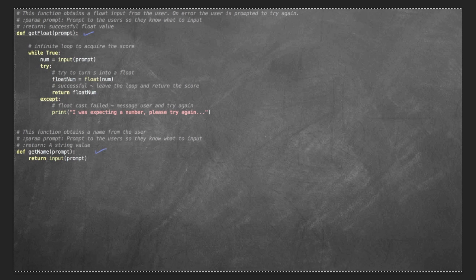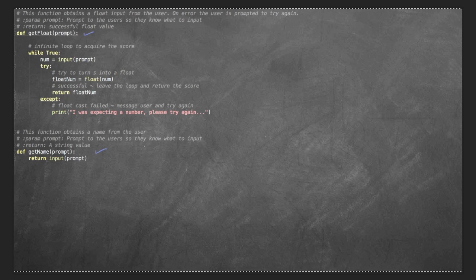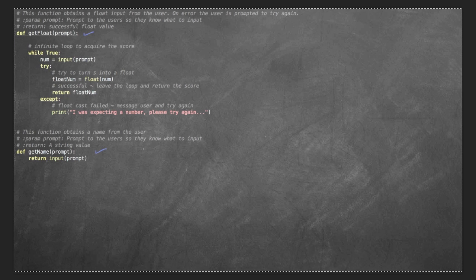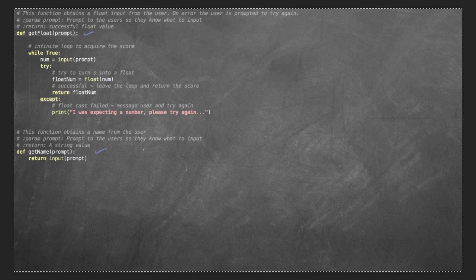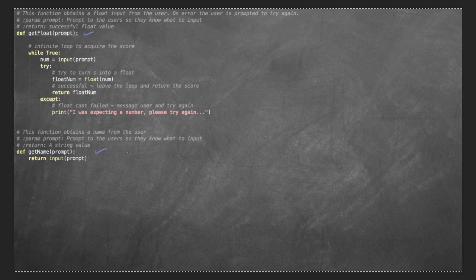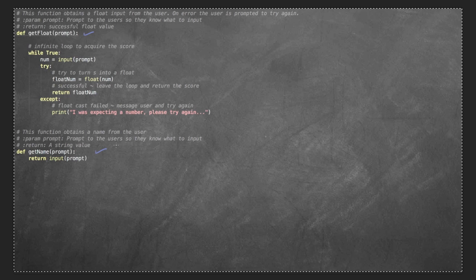The reason that I did that was because it's really important to try to make your functions do only one job. So the function that's calling these two functions does the job of simply getting information. These two functions, though, do the job of getting a name and getting floating point data.